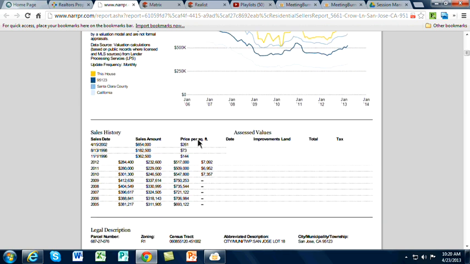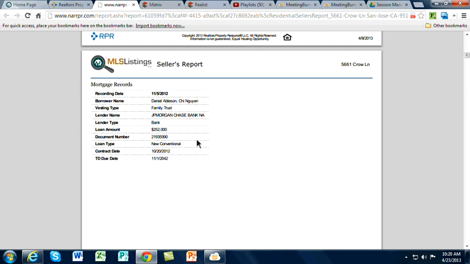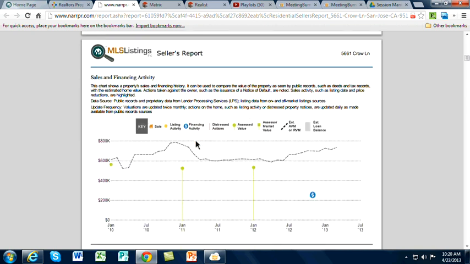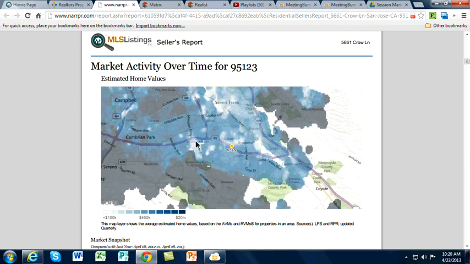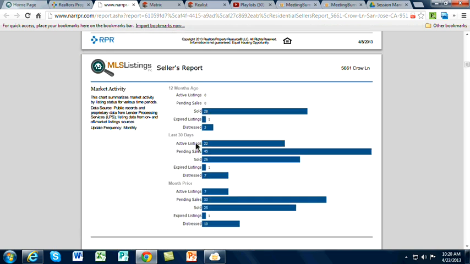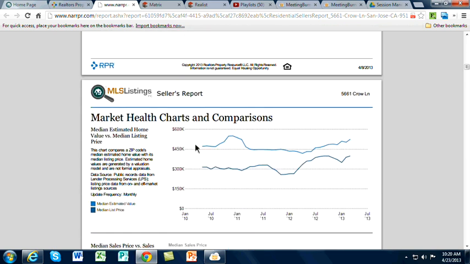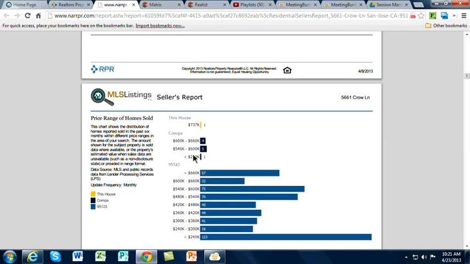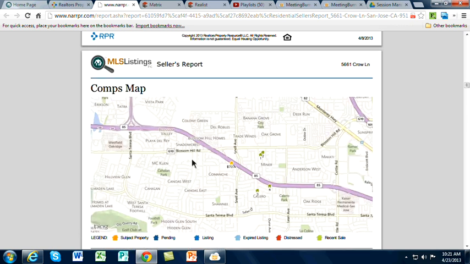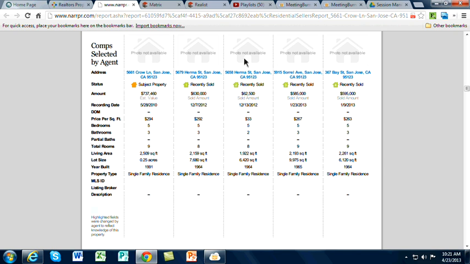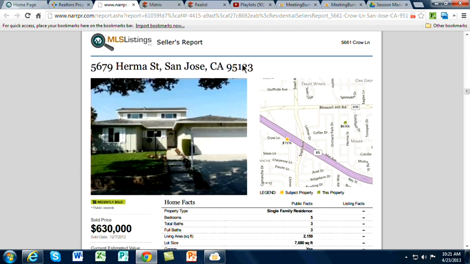I was doing this so as to show agents, and here's the home facts, and there's a picture of the house. I sold this house in a different lifetime. Property history. This is the MLS information. The seller's report. There's a nice little graph and chart. This is a heat map that shows what's been happening. This is a seller's report, market health and comparisons.